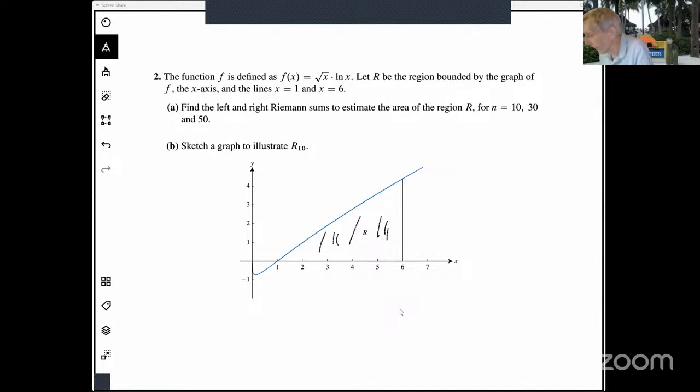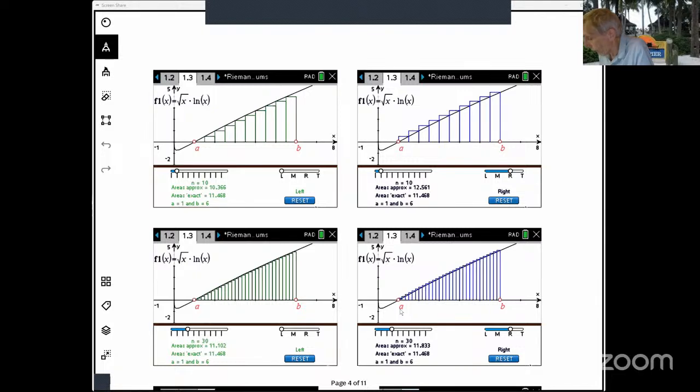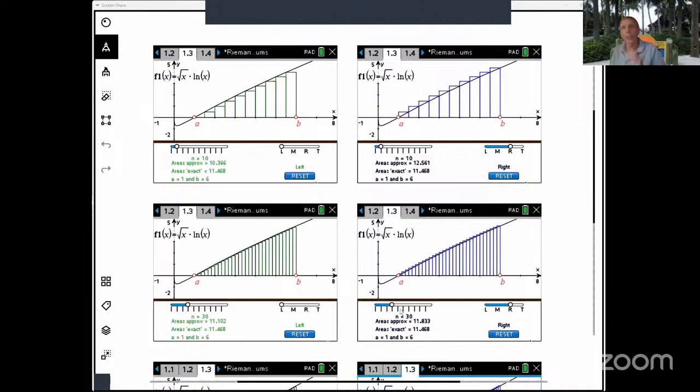Okay. So for this one, I think it's a good exercise for students to write their own Riemann sum functions. I think that just solidifies an understanding of the formulas, the expressions, what they're doing, what they mean.